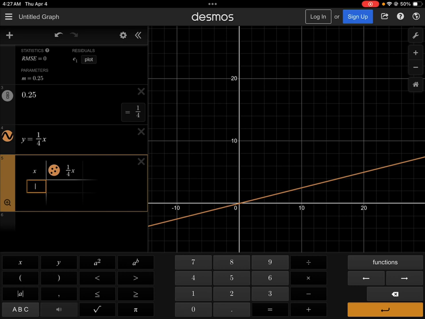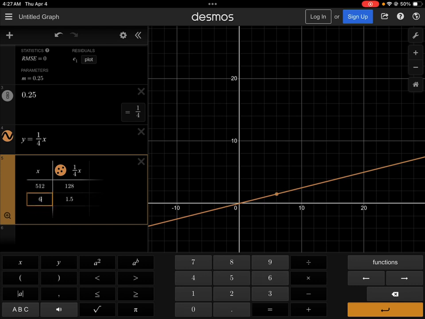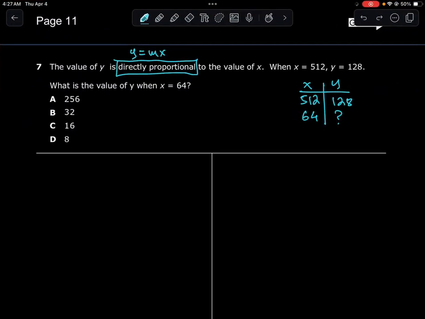What I need is the 64, but let's make sure that the values that I got are correct. So 512 will give you 128. 128 is going to show by itself. Same way, when I put 64, it's going to give me the y that goes with it, which is 16, and that's the answer. Now let's see if I got 16. Yes, so 16 is on the third answer, so here it's going to be C.